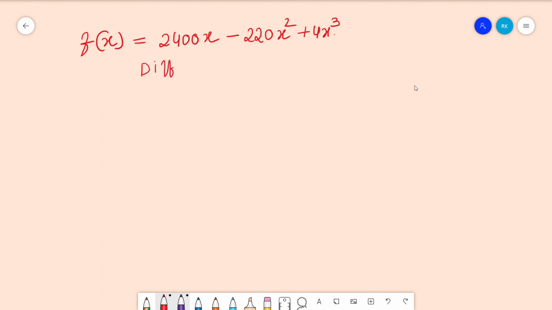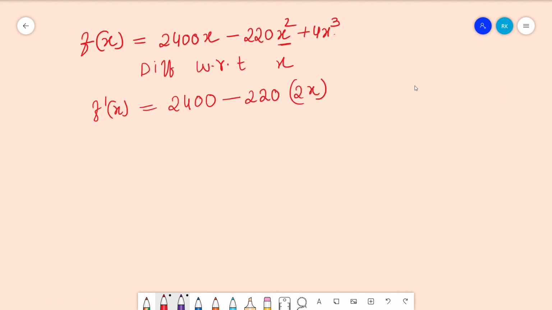Differentiating with respect to x, f dash x is equal to 2400. Differentiation of x is 1. Differentiation of x square is 2x. Differentiation of x cube is 3x square.